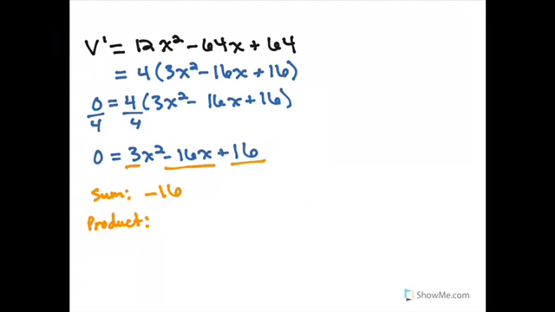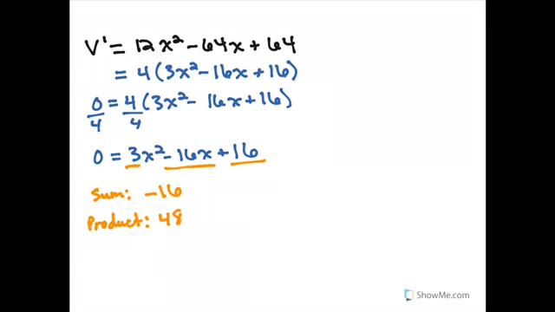But now it's 3 times 16, which is 48. So I'm looking for two numbers that are going to add up to negative 16 and multiply to 48. Okay, so you just kind of go through. 1 and 48. Okay, that's not going to add up to 16. 2 and 24. That's not going to work.